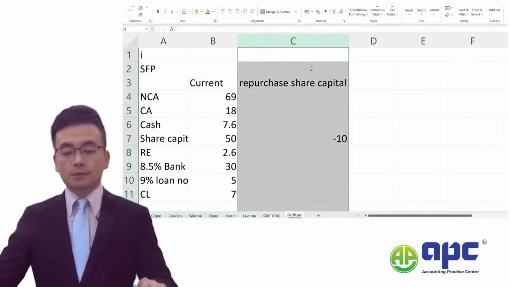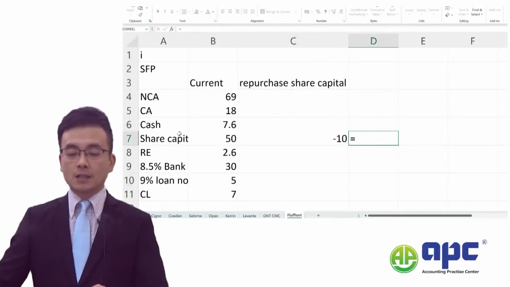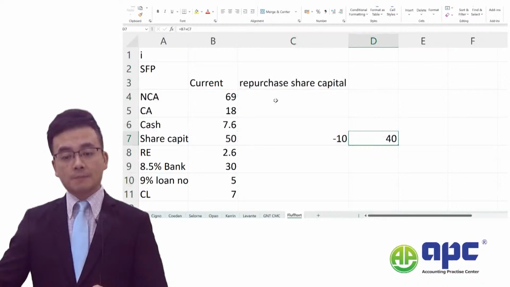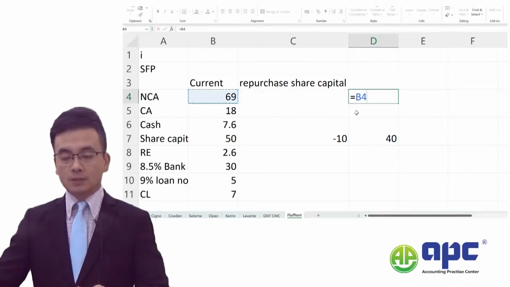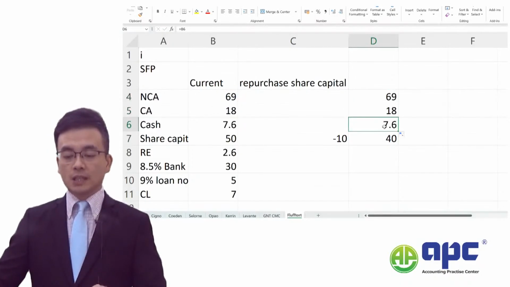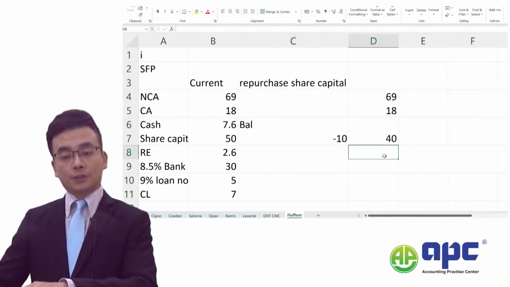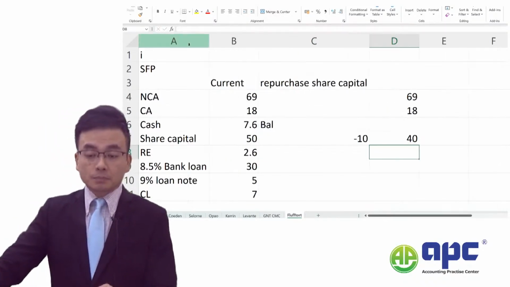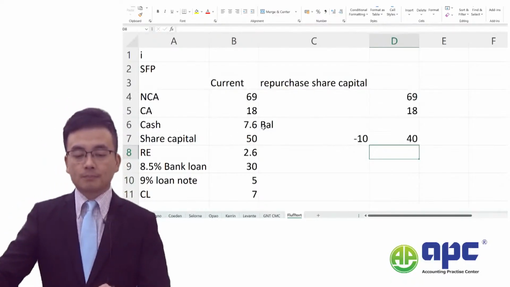So we can have the share capital being 50 minus 10, that'll be 40 here. Now everything stays the same, so for example, non-current assets equal 69 and so on. However, cash we will need to treat as a balancing figure, because we'll do other adjustments on that, since for share capital we are actually also reducing cash.